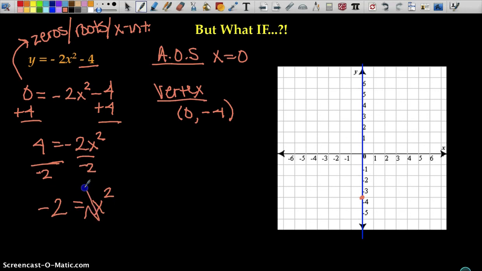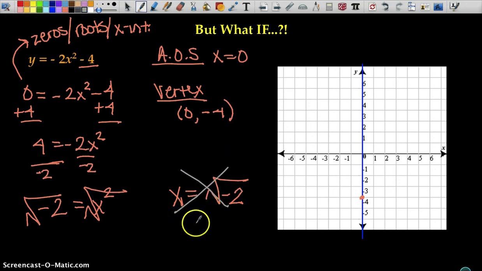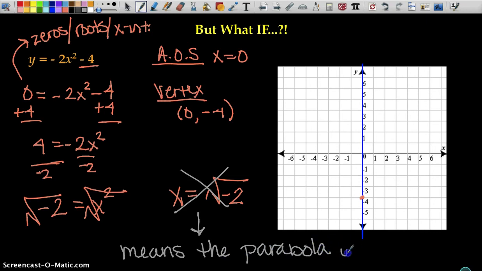All right, now if you go to take the square root of this, you would have x equals the square root of -2. You can't do that. That is not possible. So what does that mean if you get something like this? This means the parabola will never touch the x-axis.